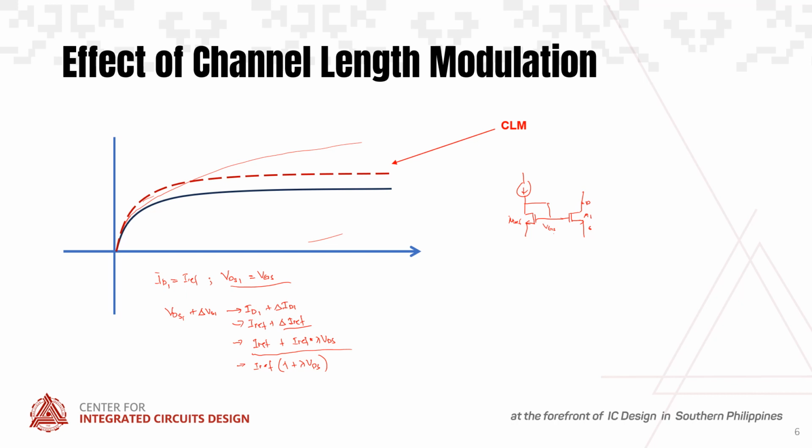So this lambda VDS is the channel length modulation factor that would change our current. Since they are equal, ID1 plus change of ID1 is equal to Iref times 1 plus lambda VDS. Okay, and this lambda here is inversely proportional, lambda is equal to 1 over VA, and this VA here is known as the early voltage.